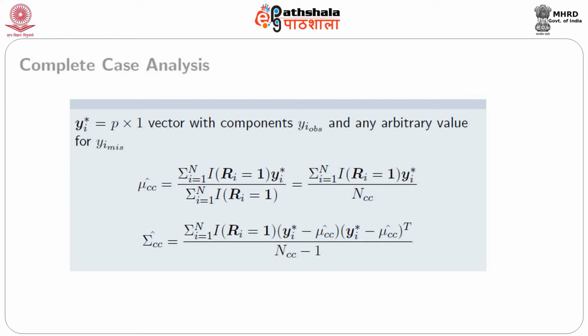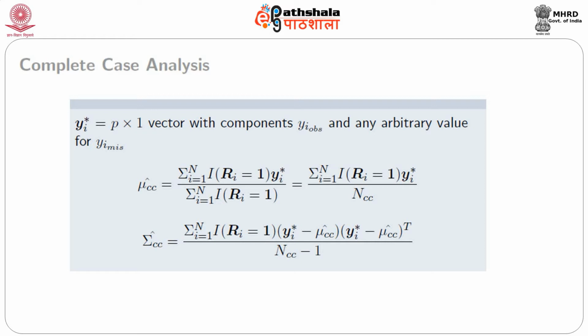So, basically, we sum yi star for all those i's where we have complete measurements, divided by NCC, where NCC represents the number of complete cases.